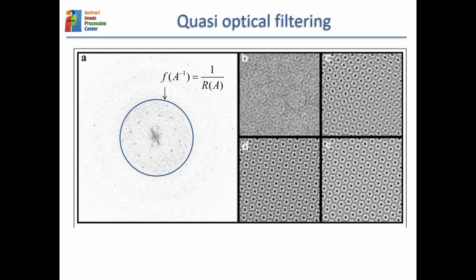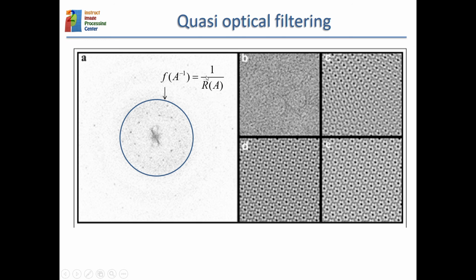The maximum reflection that you keep is the maximum frequency that you have. The frequency is measured in angstroms to the -1, so 1 over angstrom, and the frequency is the inverse of the period, and the period is the resolution that we are interested in.